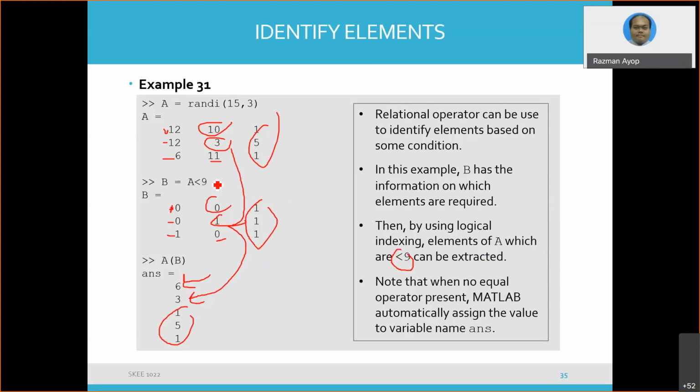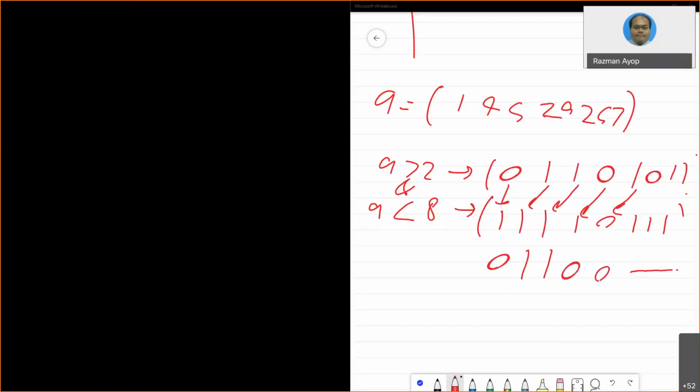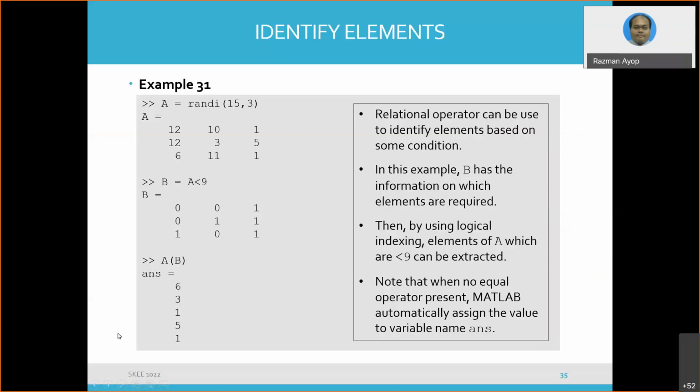Before I forget to tell you, if you have an array of numbers and you want to extract all the values that are less than 9, you use this method. So you get this and then you multiply it, you get all the numbers that are less than 9. This is why you want to use this method.